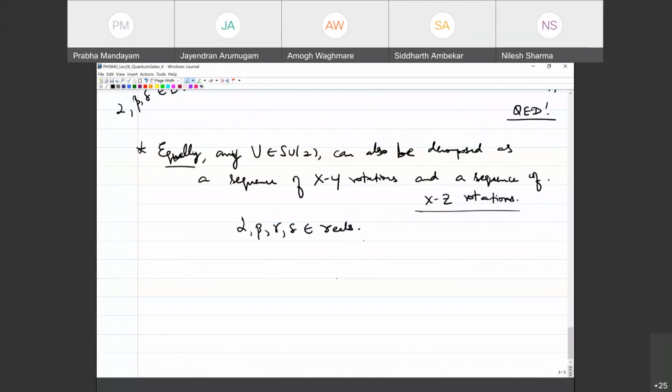Now, as an aside, you can note that indeed, this is exactly the number of reals you need to parameterize any 2 by 2 unitary matrix. So as an aside, please note that this is indeed the number of real parameters needed to specify an element of SU(2).